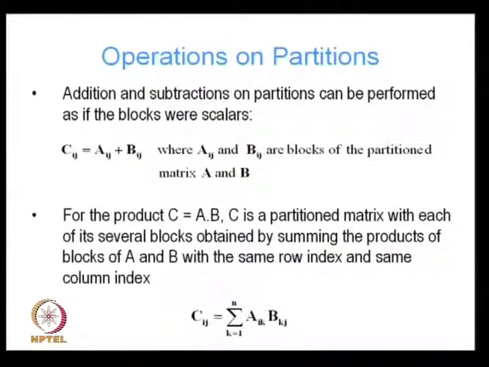So, by treating these individual blocks as if they are elements of a matrix, we can obtain the partition C corresponding to the product of the partition matrices A and B.